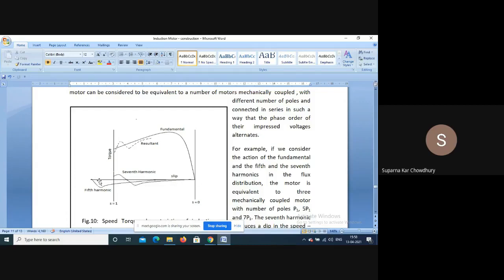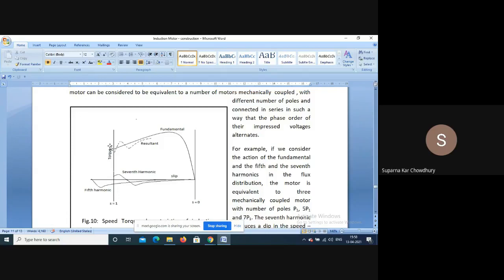So this is the seventh one, and this is for the fifth. The resultant we get will be the addition of these three. So the resultant characteristic will follow this, then the fundamental. So there will be a dip here.